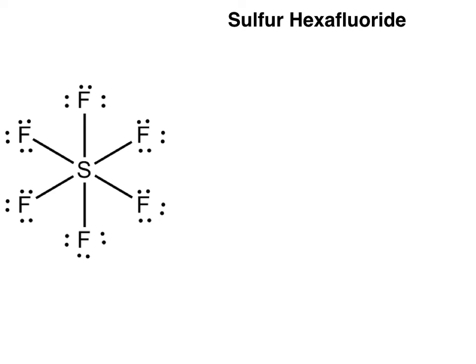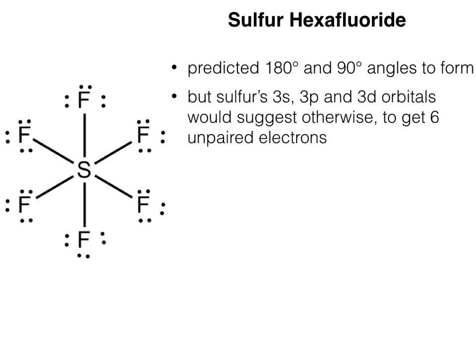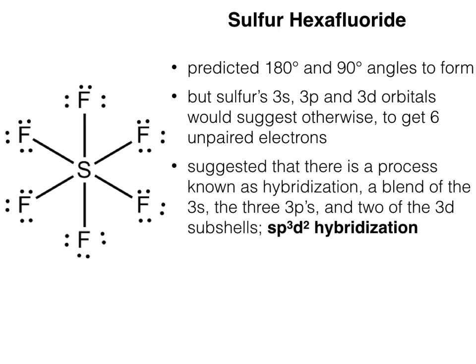Remember now, VSEPR would have predicted that this shape that you see here, called an octahedron, gives us angles of 90 and 180 degrees. But once again, if we use regular s, p, and d suborbitals, we would not get equivalent spacing and we would not get the correct angles. So once more, hybridization will be employed.